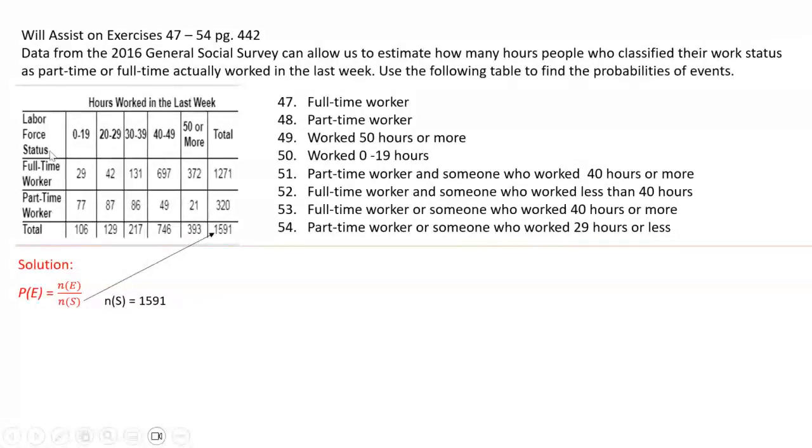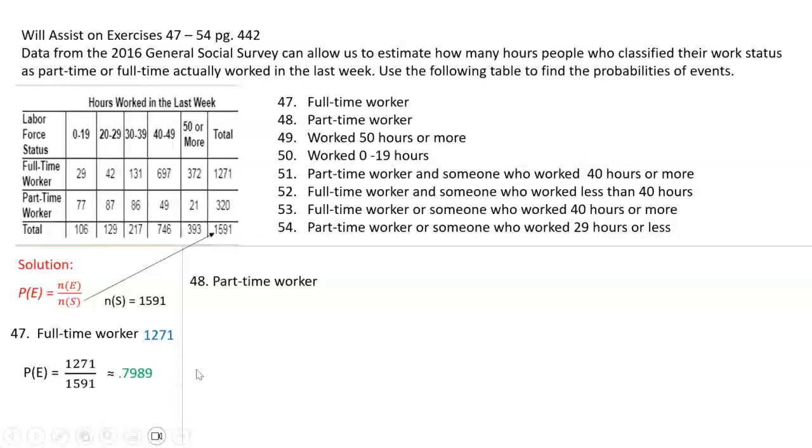Now, for a full-time worker, we go here, and the full-time worker gives us 1271. So the probability will be 1271 over 5091, approximately 0.7989.